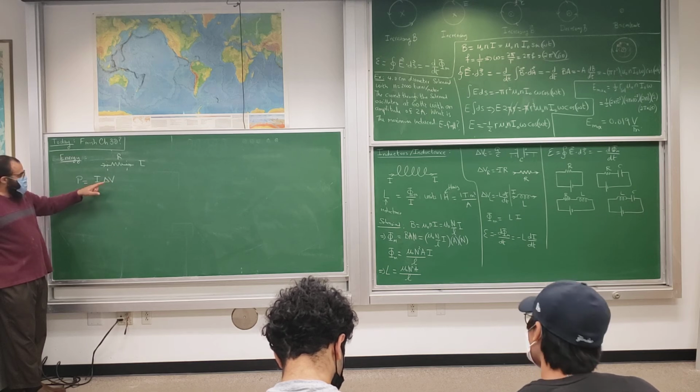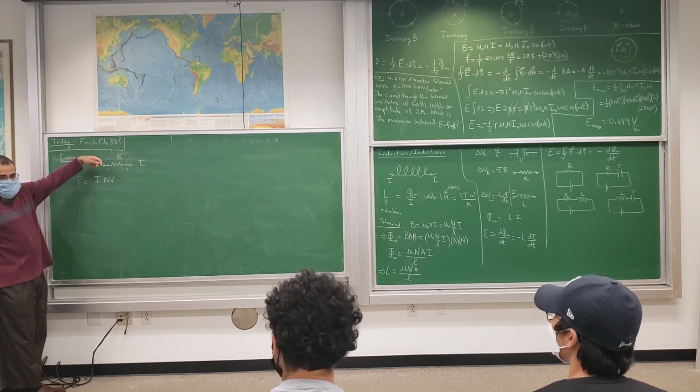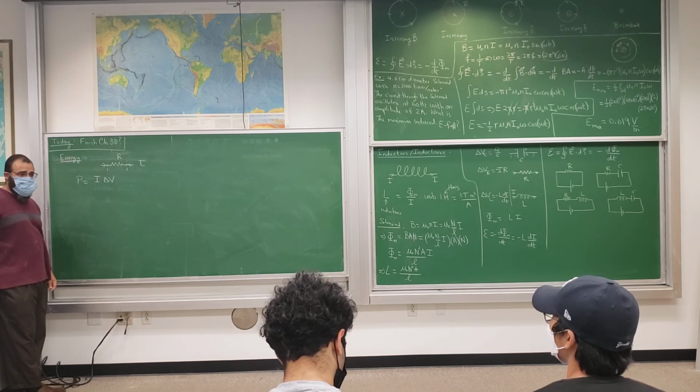Losing, because delta V is negative. So the resistor will be delivering energy.